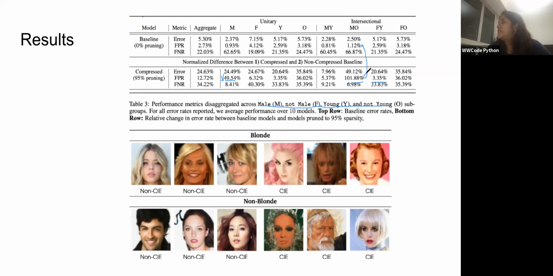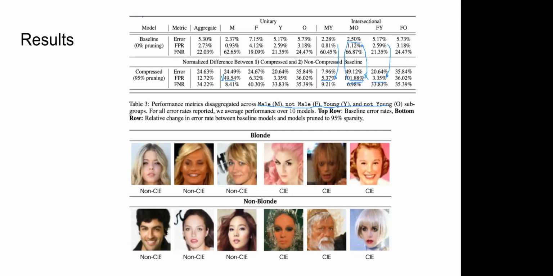If you look at this and this, it goes from 1.12% to 101%, which definitely means there's a bias that exists and the model is looking more at this than at this or this. This versus this is still a little low, and this versus this is not much of an error increase. So here is the entire bias which exists. Sorry, I'm really bad at drawing.